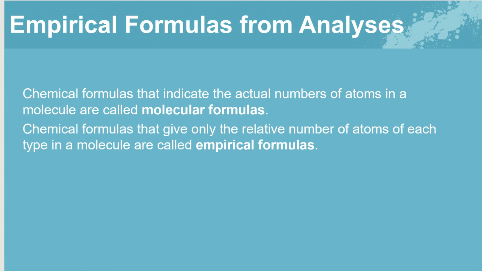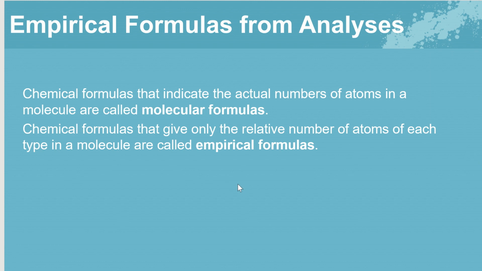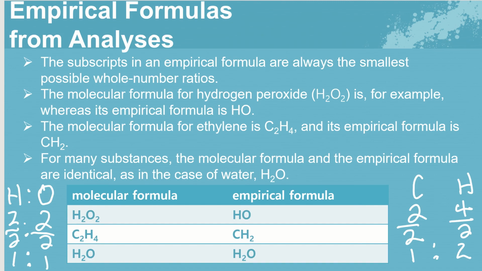Chemical formulas that give only the relative number of atoms of each type in the molecule, and perhaps I should have underlined that word, are called empirical formulas, right? We're going to see some examples of that coming up.